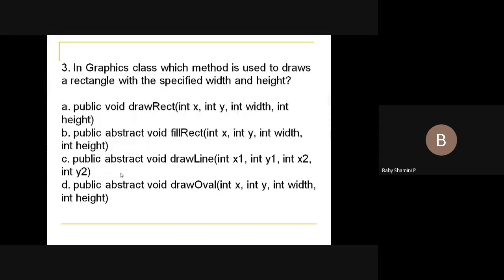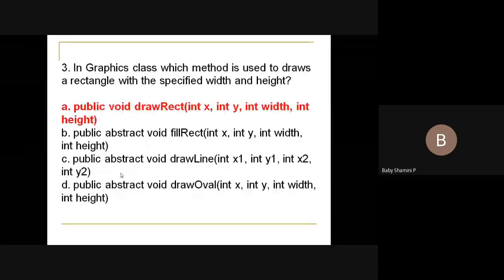Okay, so the question is: in the graphics class, which method is used to draw a rectangle with a specified width and height? If you want a rectangle, we have to use the function public void draw rectangle with x, y, width and height. This is the way to create a rectangle. Public abstract void fill rectangle is for filling with the default color.